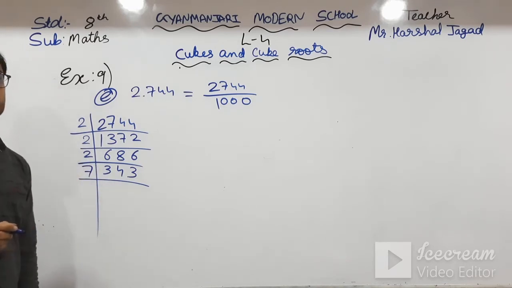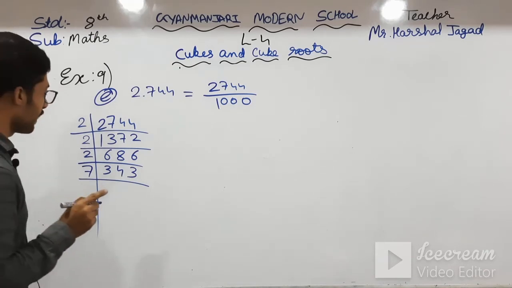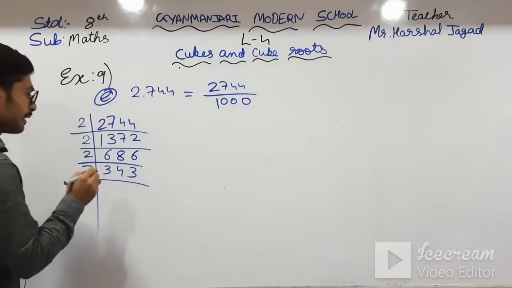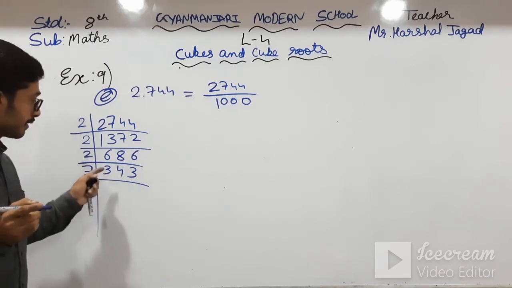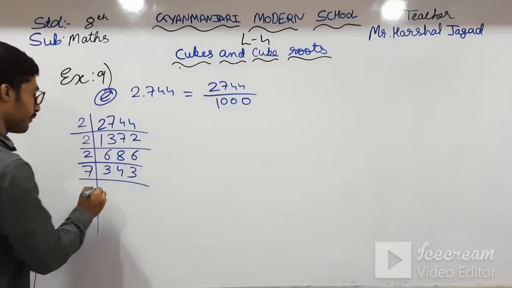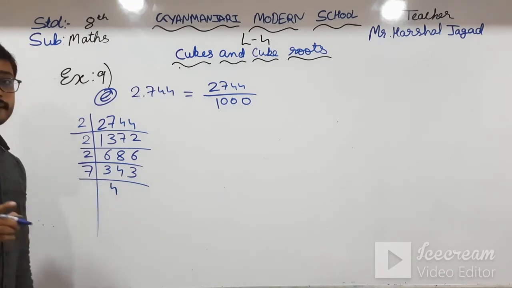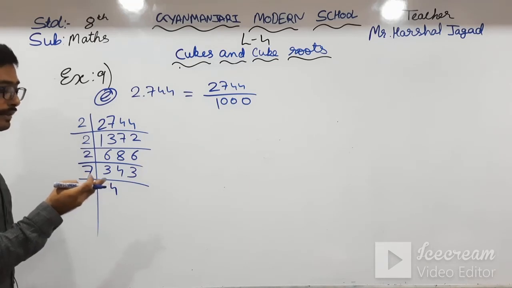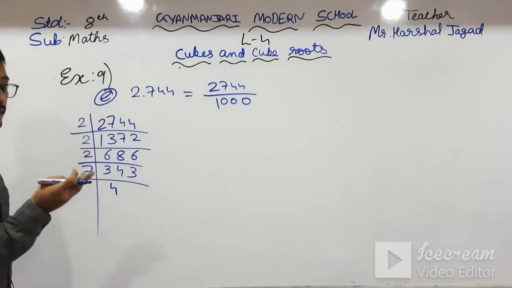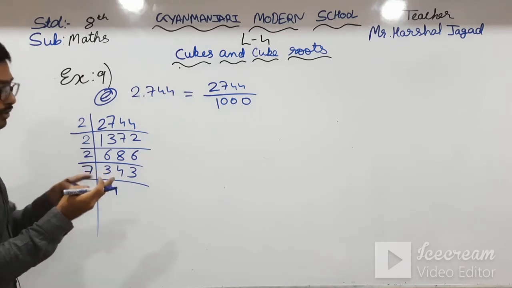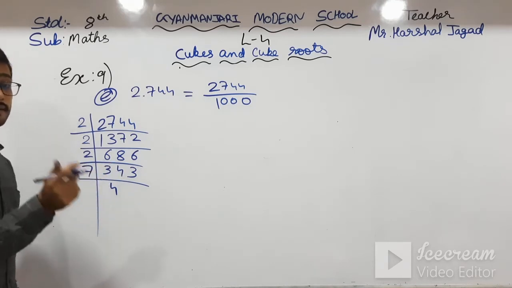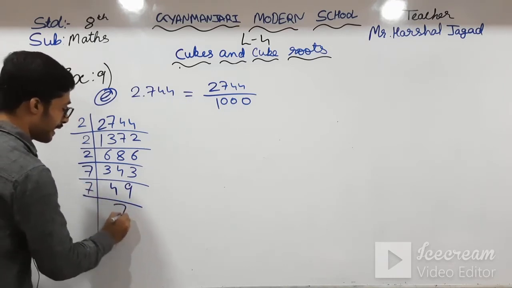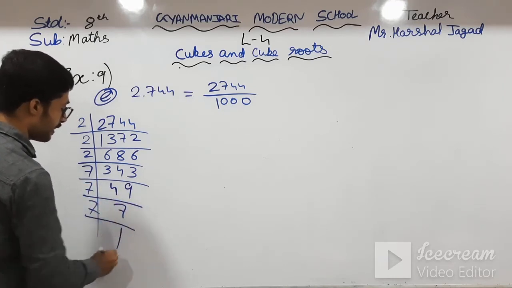7 1s are 7, 7 2s are 14, 7 3s are 21, 7 4s are 28, 7 5s are 35. It's bigger. So 7 4s are 28, 7 9s are 63, 7 7s are 49, 7 1s are 7.